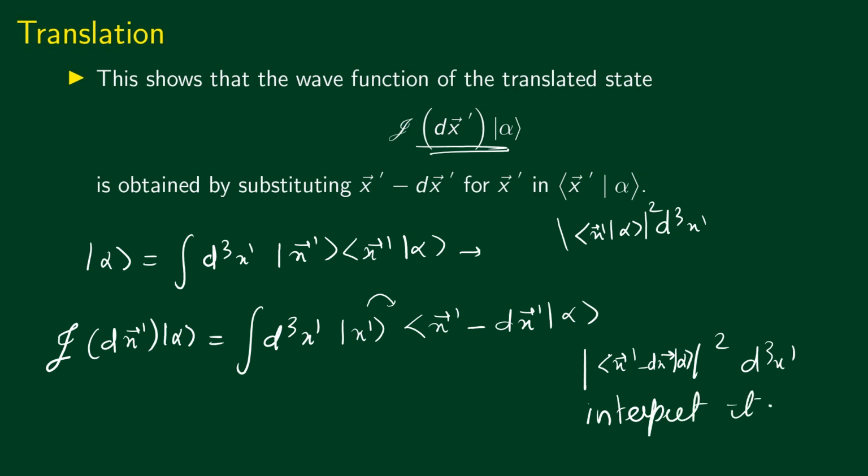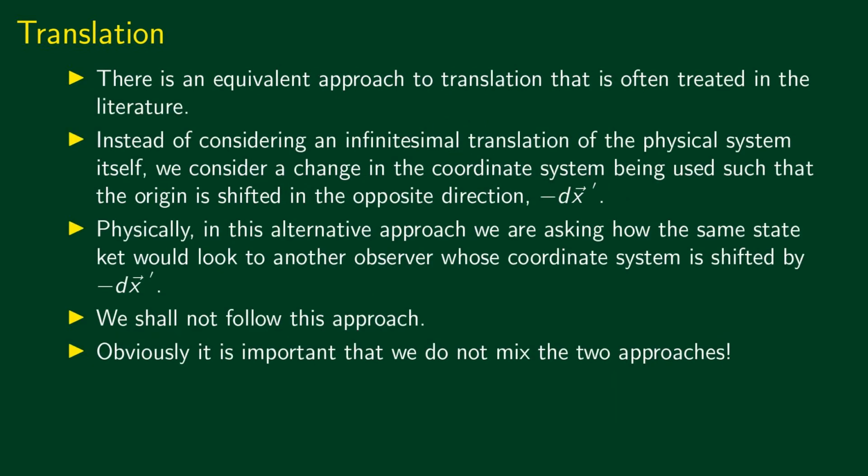There's an equivalent approach to translation that is often treated in the literature. In that approach, instead of considering an infinitesimal translation of the physical system itself, we consider a change in the coordinate system being used such that the origin is shifted in the opposite direction. Both are equivalent ways of describing the same thing.